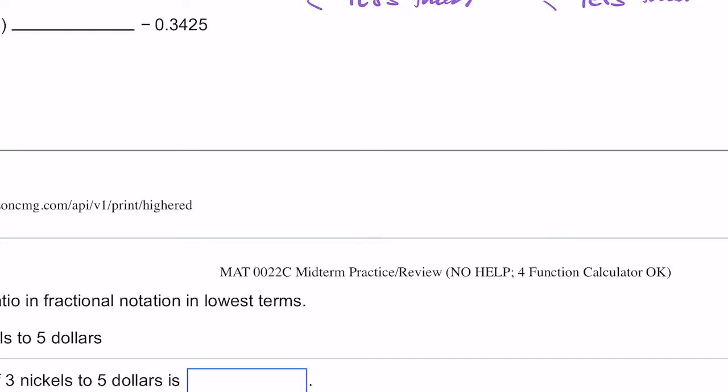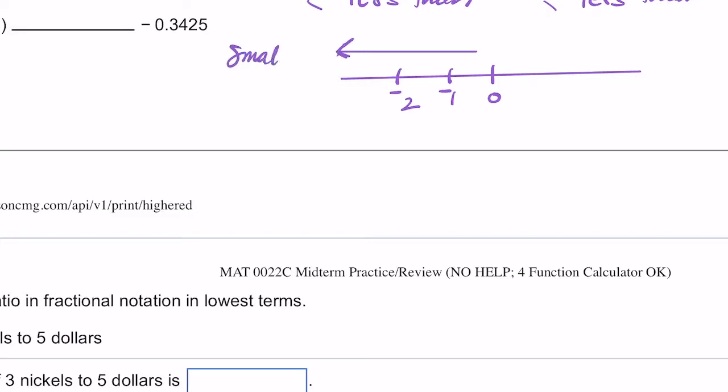So here we have negative 0.3452 and negative 0.3425. Remember, on the number line we've got 0 in the middle, and on the left we've got -1, -2, and so on. Numbers moving further away from 0 to the left get smaller.